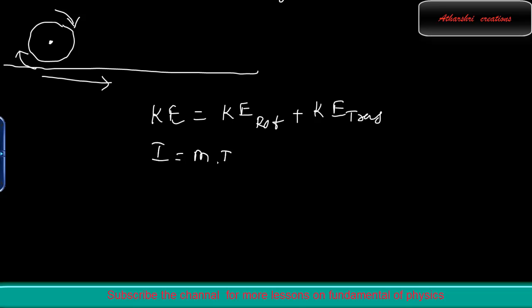I is the moment of inertia of the body which is rolling uniformly. V is the linear velocity, because we have to use these quantities.